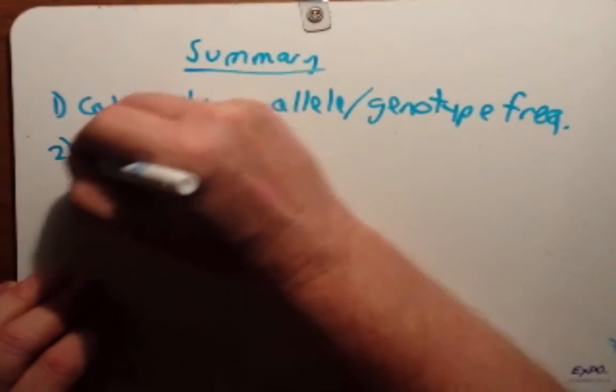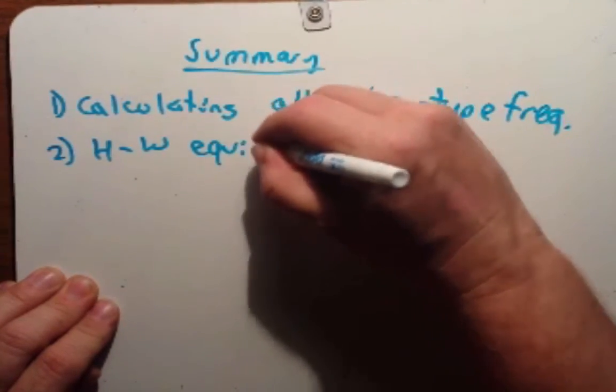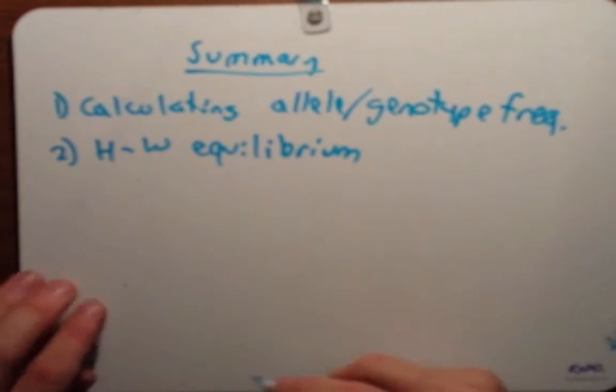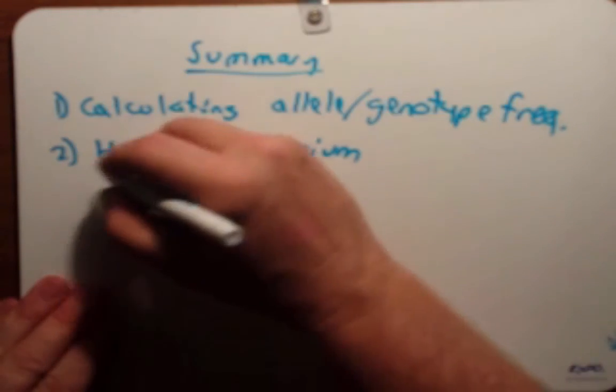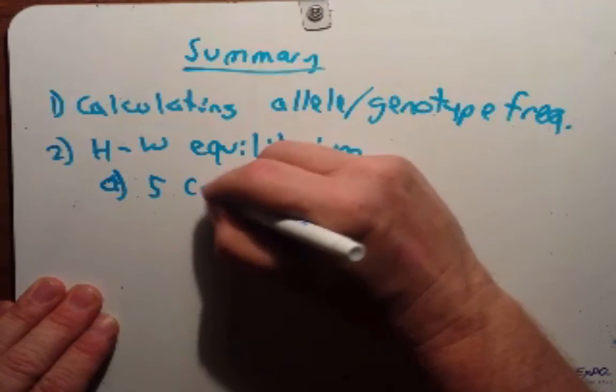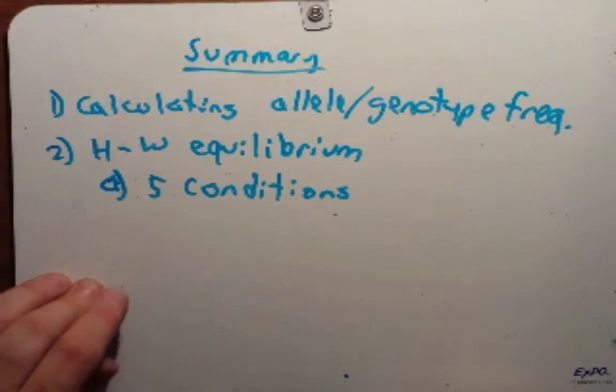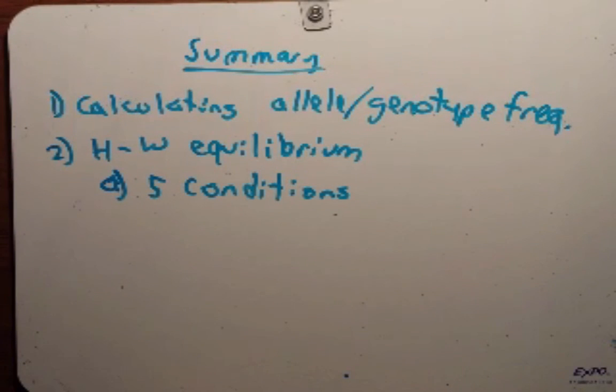We spent a lot of time talking about our Hardy-Weinberg equilibrium and the equation. We talked about what it meant to be in Hardy-Weinberg equilibrium, and we talked about those 5 conditions, which we may have mentioned once or twice in this podcast. So those 5 conditions hold a population in equilibrium, and when one of those breaks down, the population falls out of equilibrium and is allowed to evolve.